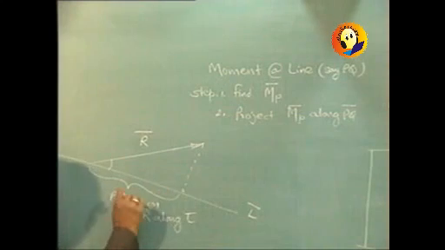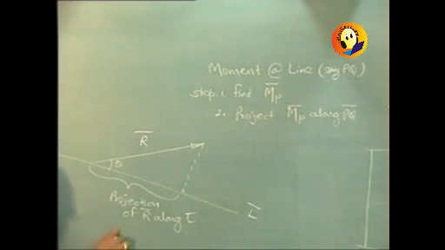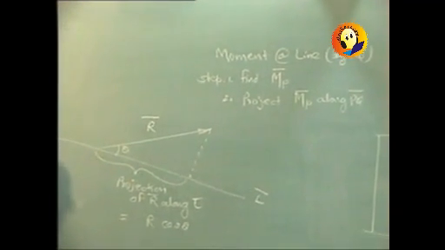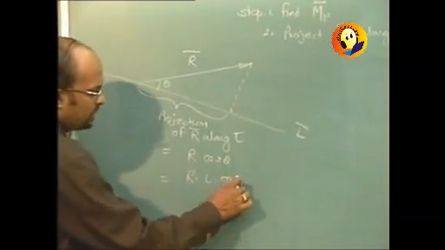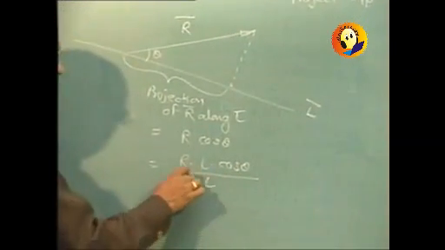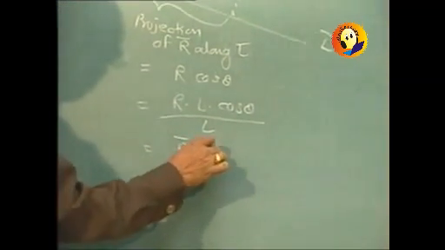Now we know that this is going to be, distance wise, R cos theta. But R cos theta can also be written as R into L into cos theta upon L, and RL cos theta is nothing but R bar dot L bar upon L.